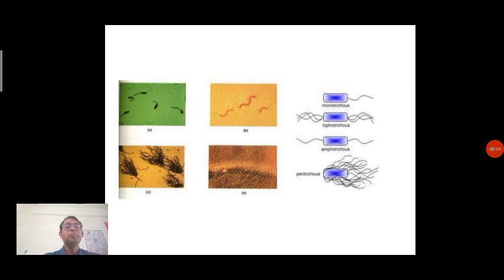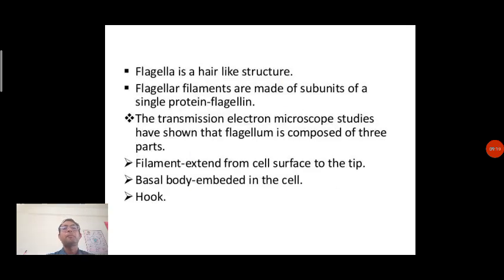Depending on this, the name of the bacterium changes. So here you can see monotrichous, meaning having a single flagellum, amphitrichous, having flagella on two different sides, then tetratrichous. These are the different types of flagellation.